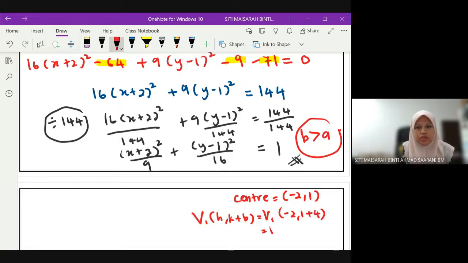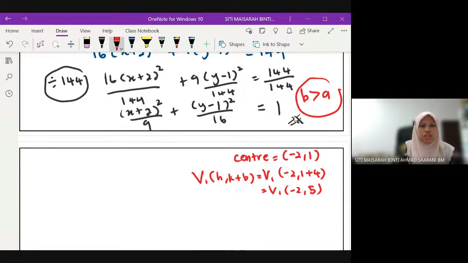So dapat V1 dia negative 2, 5. And then V2, H, K tolak B. So this is V2 negative 2, 1 minus 4. We get V2 is negative 2, negative 3.